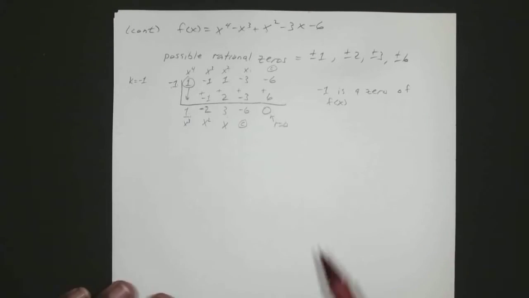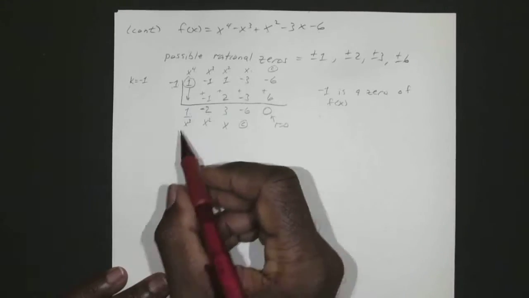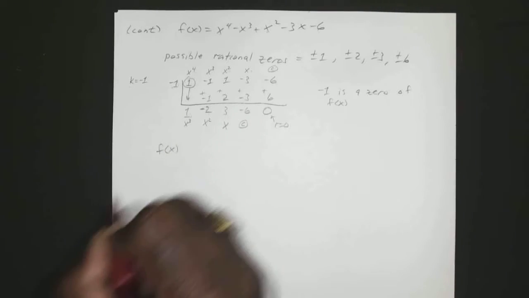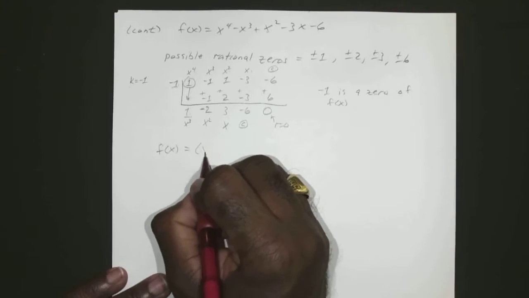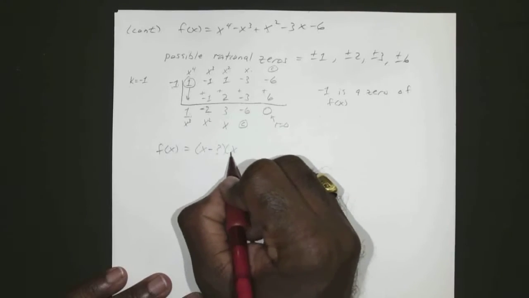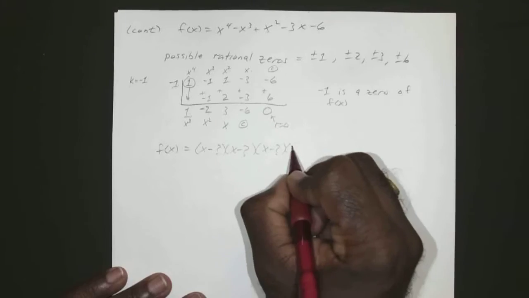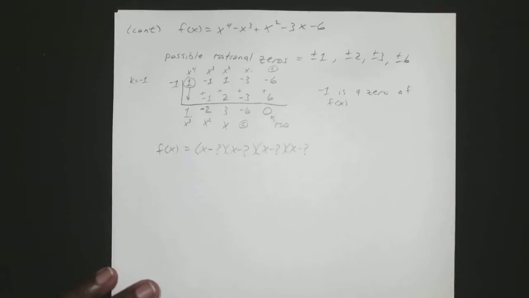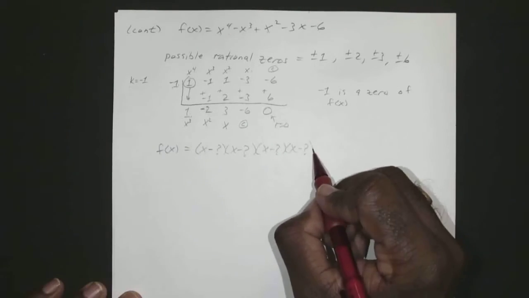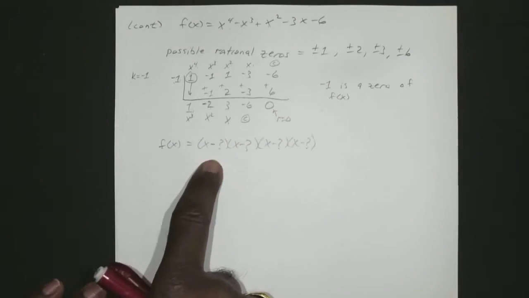Now we know -1 is a 0. So that means we're looking for f of x equals x minus something times x minus something times x minus something times x minus something. We know we have 4 because it's to the 4th power. But since we know -1 is a 0, we can plug one of those in.